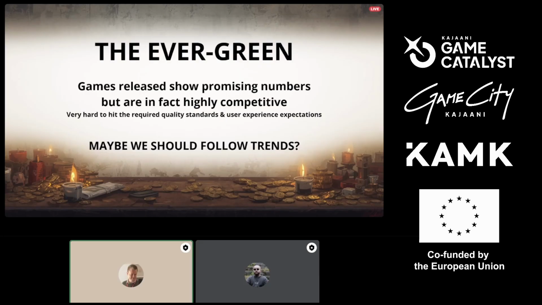And trends are an interesting thing in game development. We're actually going to be focusing more on the trend part of making games, because I personally find that trends are more interesting for small teams and solo game developers than going for the evergreen games. Obviously, you can compete in the evergreen market and try to make a game that meets those standards.